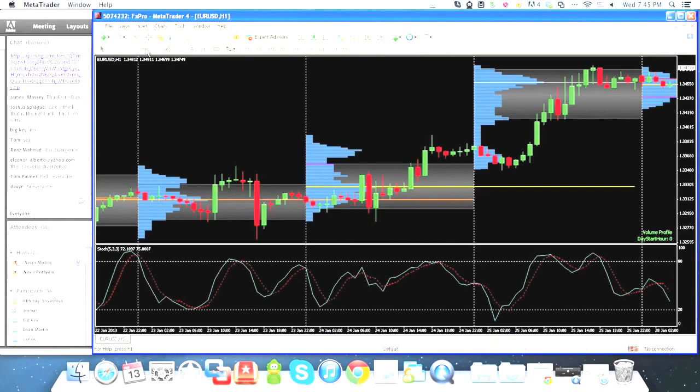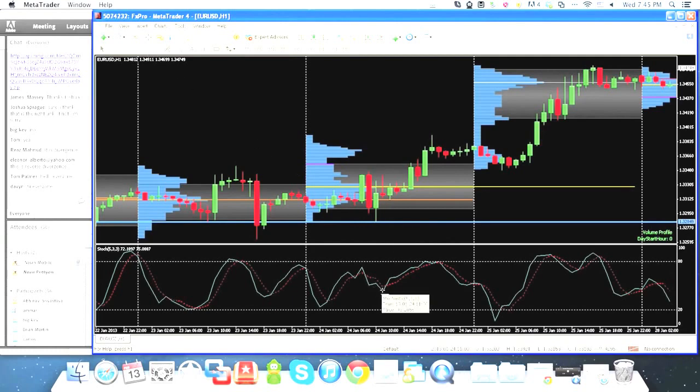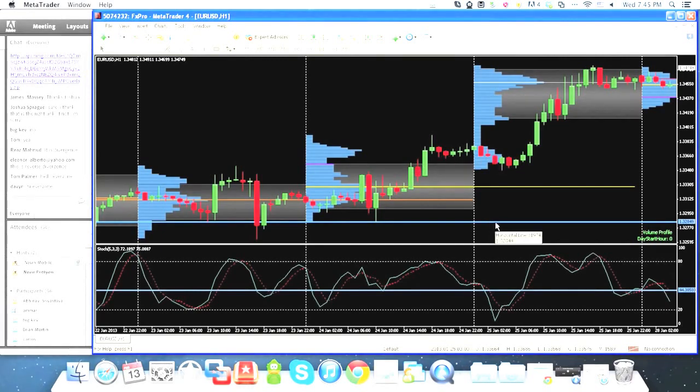If I put my line right here on this low, and I do the same thing on my indicator, I put a line right here. The market goes up, then comes down, but it never breaches this line. In our indicator, the market goes up, comes down, and goes way beyond. It breaches this line we had drawn tremendously.